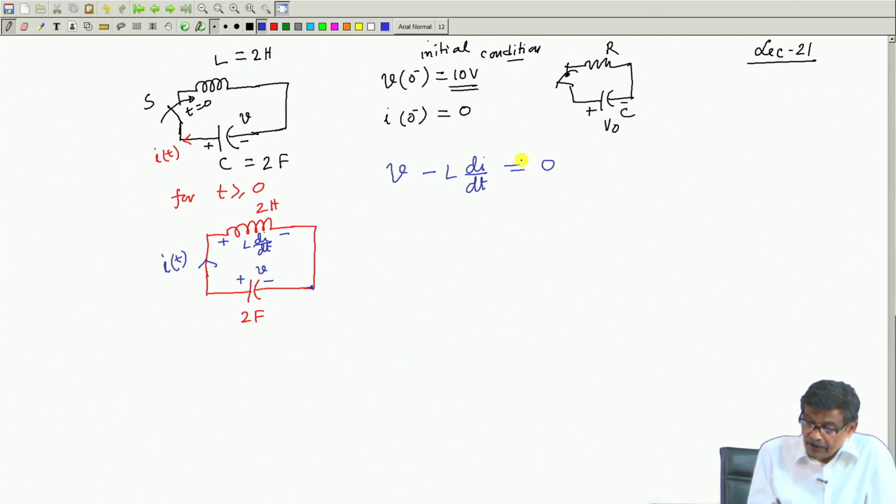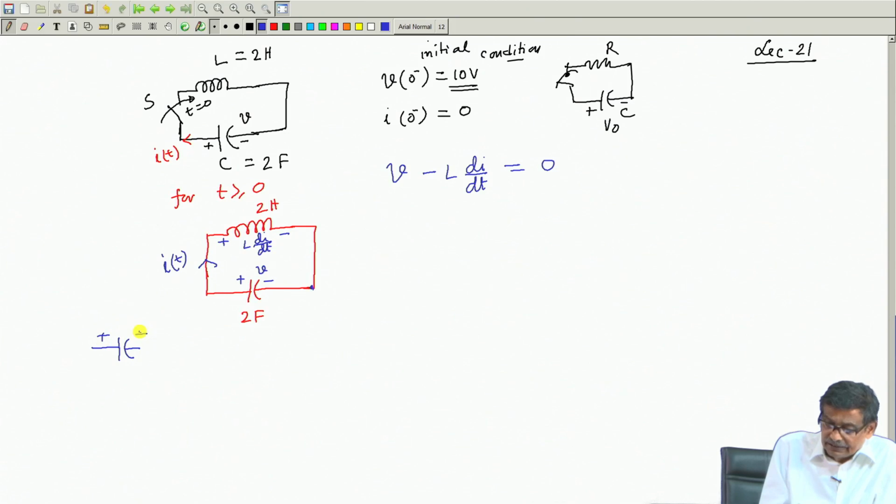That is fine. Now, coming to the capacitor, once again look at the capacitor separately. This is the polarity of the voltage I have shown, and this is the current I have shown, I(t). What about this capacitor? This is I(t), so I can say that it is minus I(t) this way.